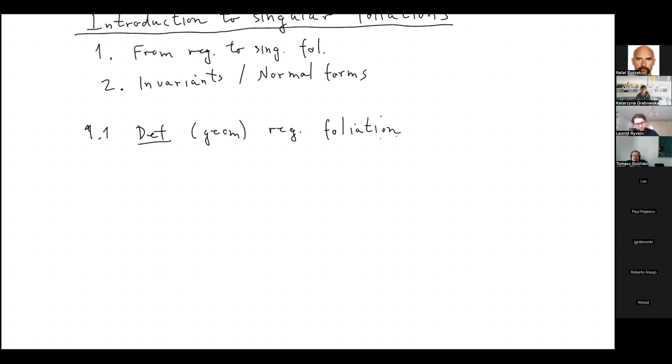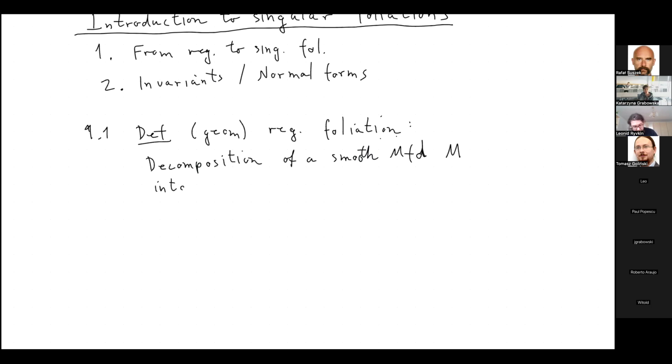It's a decomposition of a smooth manifold M into immersed submanifolds.